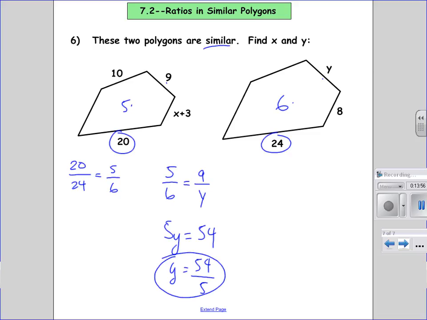And then the x plus 3. So let's go x plus 3 is to 8. Those are the matching sides, as 5 is to 6. Okay, so figure to figure, figure to figure, and we got 6x plus 18 equals 40.